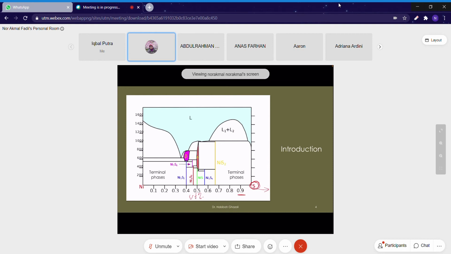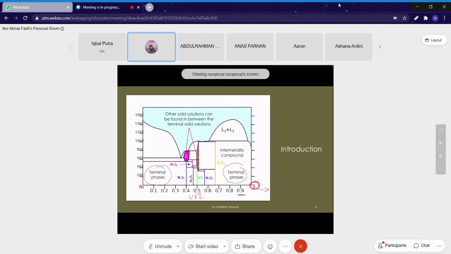This is the terminal phase for the nickel, where the majority is nickel inside this region. This is the terminal phase of this alloy system, at the far end between the left side and the right side. Other solid solutions like beta, delta, and there are intermetallic compounds.